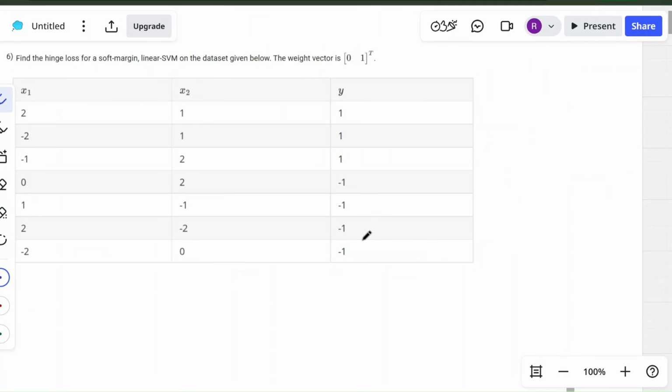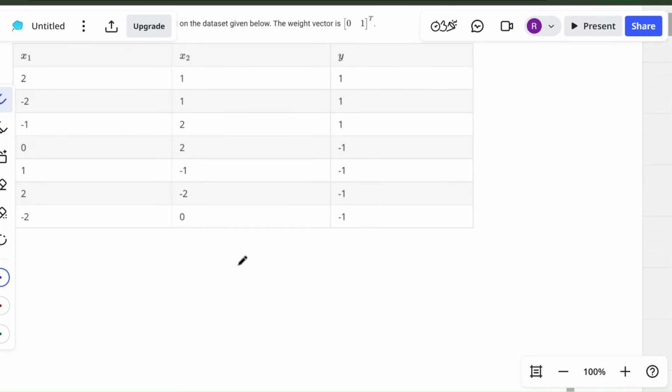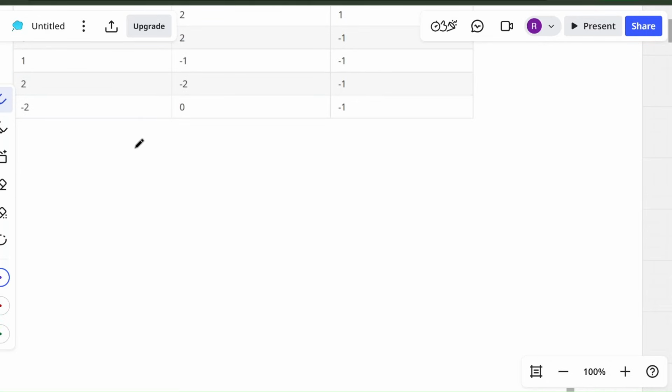Alright, so here we have a question which just asks us to compute the hinge loss for the soft margin linear SVM. Again, what is the hinge loss? Always remember that hinge loss looks like this. Let's say you have W transpose X on the X axis. The hinge loss looks like this.